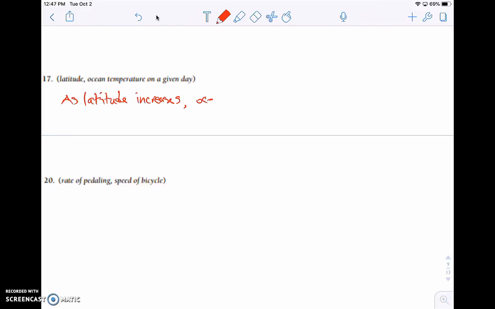Okay, ocean temperatures will decrease. Because as you get closer and closer to the poles, which is getting farther and farther away from the equator, that means your latitude is increasing. Those ocean temperatures are going to get, in general, more cold, so the temperatures are going to be decreasing.